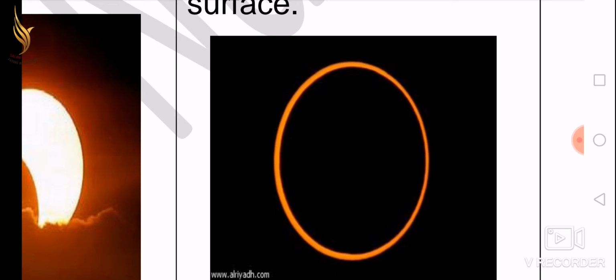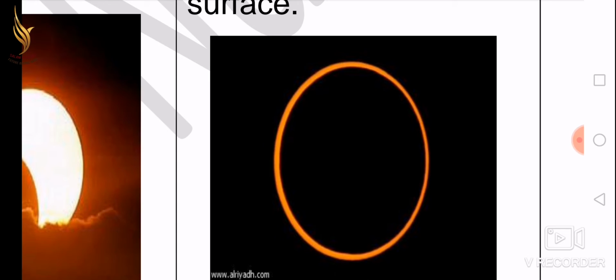And when the moon comes in the higher orbit from the earth, it is farther from the earth. The cone shadow of the moon doesn't reach the earth's surface, and we can see the sun like lighted rings.